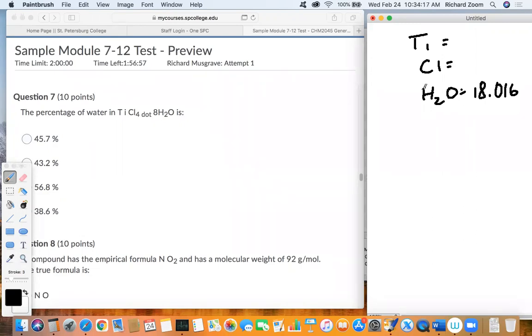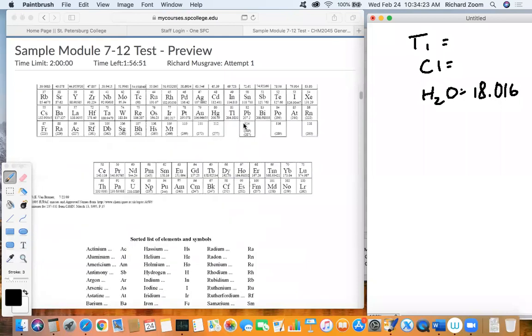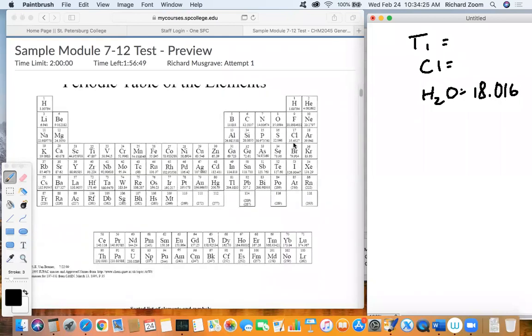But the Cl, 35.45 I think it is, but I need the Ti anyway, so I'll go back up and check that. Yeah, 35.45 on the Cl, and the Ti is 47.867. Doesn't have to be exact. It's multiple choice, so you're just going to choose the closest answer anyway.